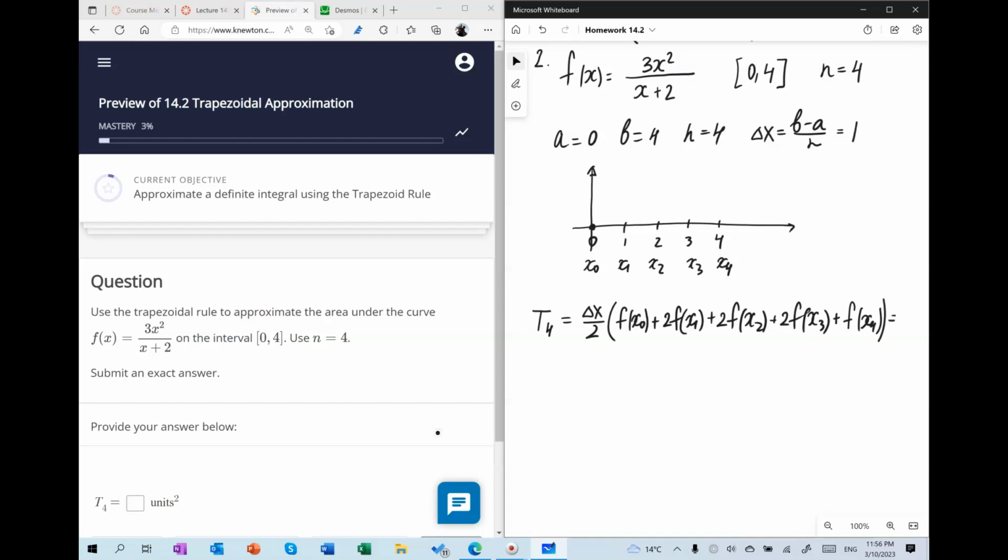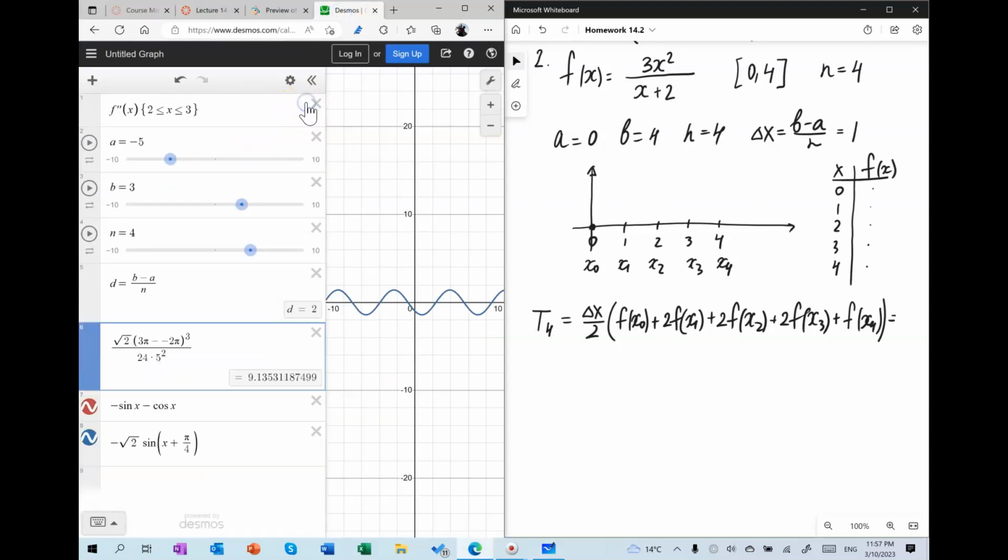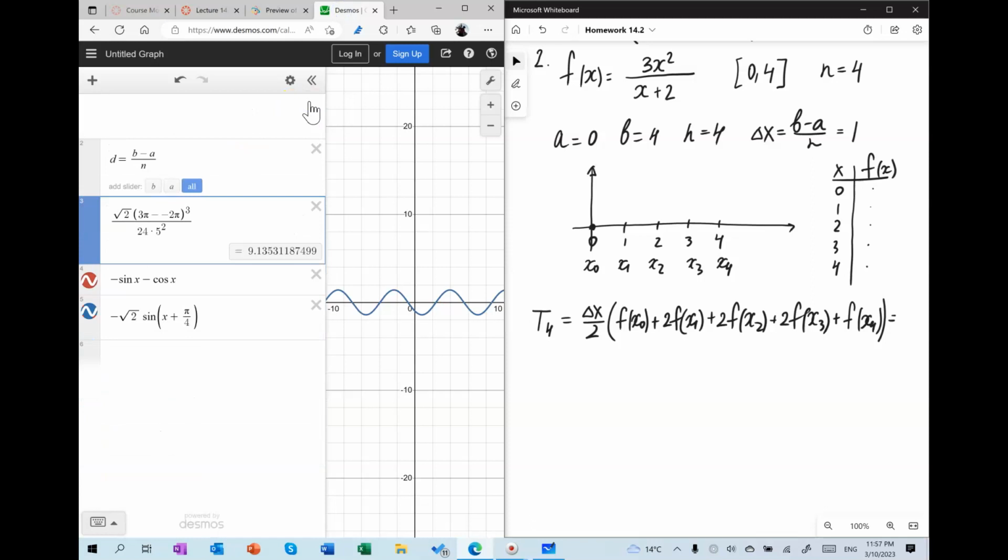Now, if you want, you can do this by hand, but we pretty much are at the step where we need to evaluate the given function at 0, 1, 2, 3, and 4. And this is the step that if you really insist on doing it by hand, you can.